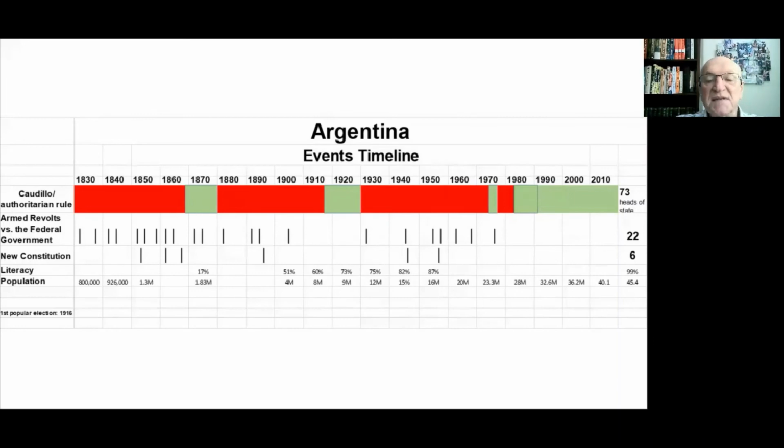And the protectionist policies of the national industry and the nationalization of foreign companies, for example, the railroads, all that happened under Perón.